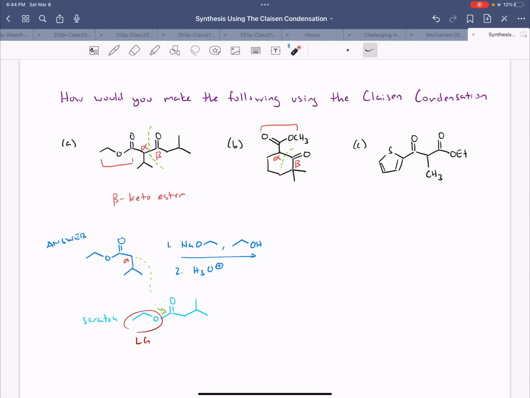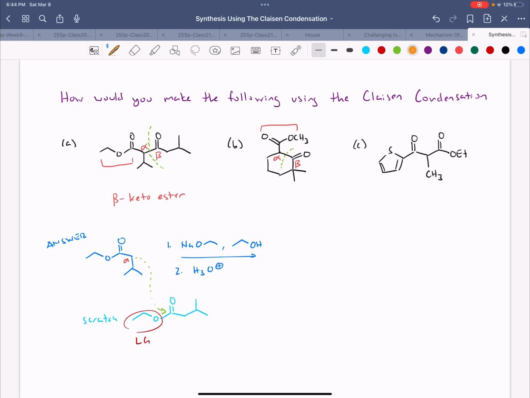The thing is, you've got to remember, what did you attack? In the first case, this carbon was attached to this carbonyl, and actually it was an ester, because we kicked out the leaving group. So you are attacking an ester.